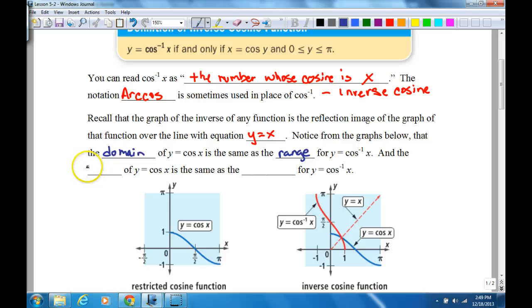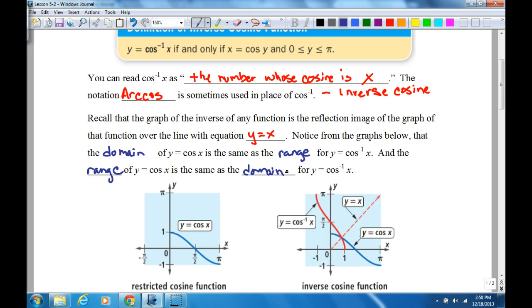And the range for cosine x is the same as the domain for inverse cosine.